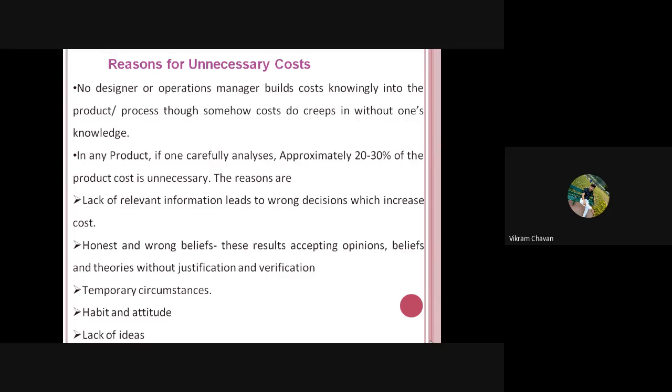This is the sentiment in industries, and there are many employees who blindly follow and believe the methodologies and procedures represented by their managers and higher authorities. But this is a wrong concept or wrong perception.